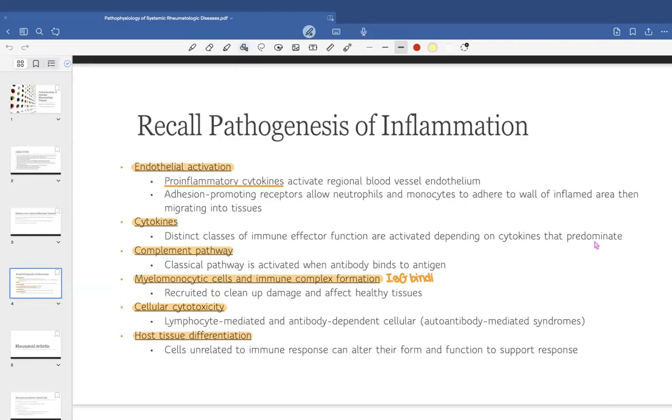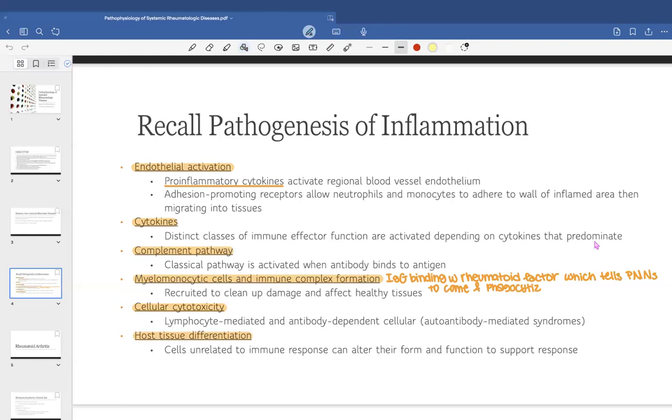These lymphocytes release your interferons, some interleukins, etc. They can also cause damage even to healthy tissues. And then with some of the molecular mimicry that goes on, certain cells can actually alter their form and function to even support the response. And sometimes it's going to target these tissues.